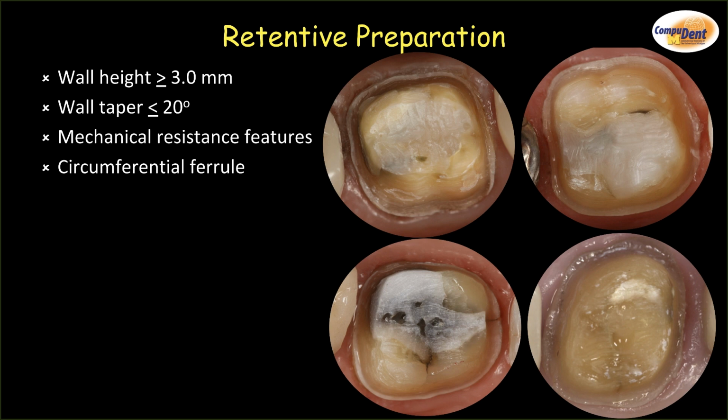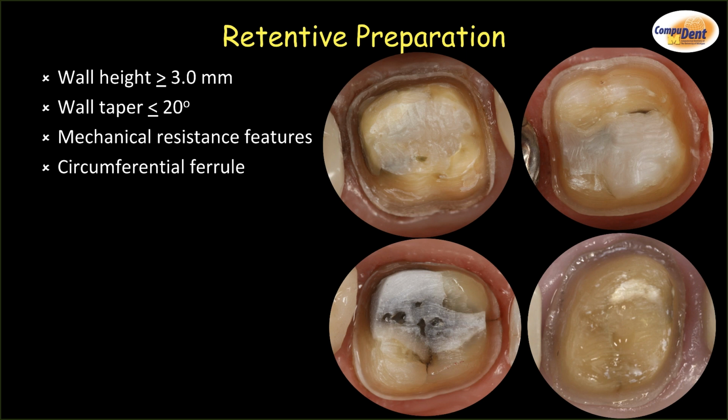That's fine. The other thing we can do to improve our retention is to add mechanical resistance features, such as grooves, such as boxes, some of the old school cast gold and PFM techniques, because those features minimize the radius that the crown can come off the tooth. That's what they're all about, to interrupt that rolling of the crown off the tooth.